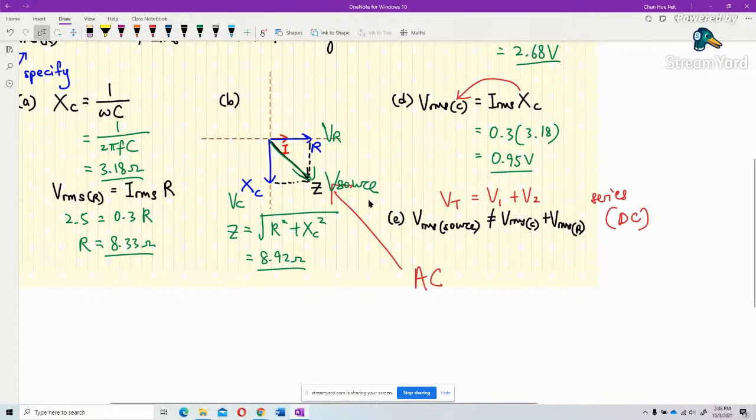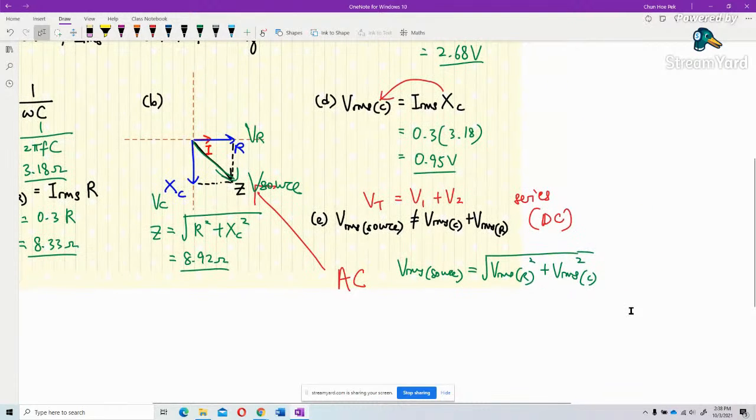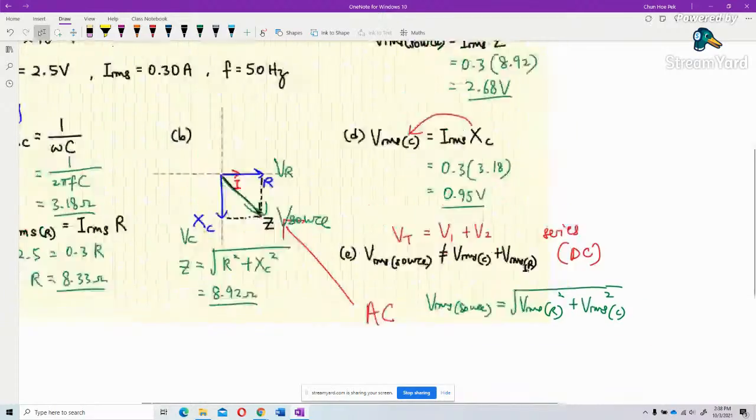Want to find V source? If you want to find V source, use Pythagoras theorem also. That means VRMS R squared plus VRMS C squared. That's the way. Pythagoras theorem. You cannot just total them up. Understand? So what's the explanation?